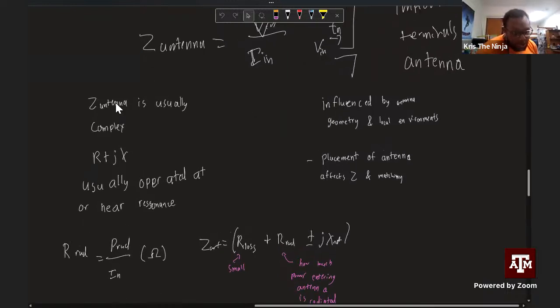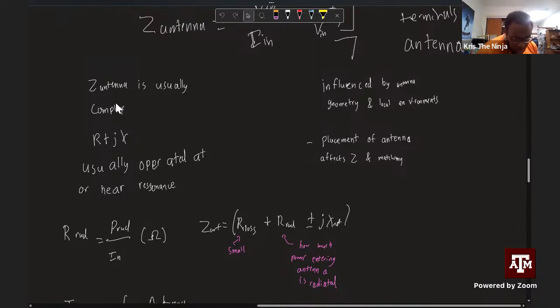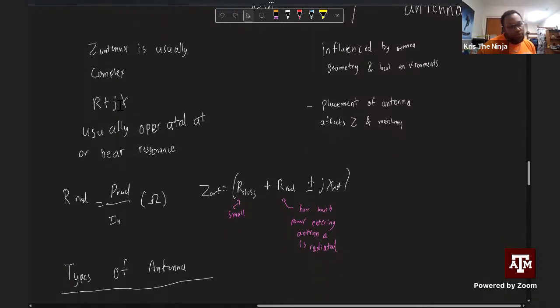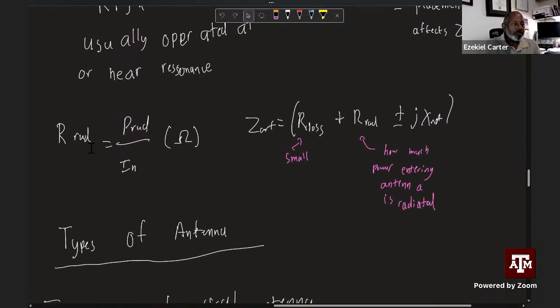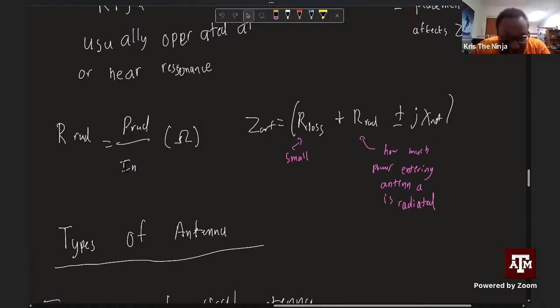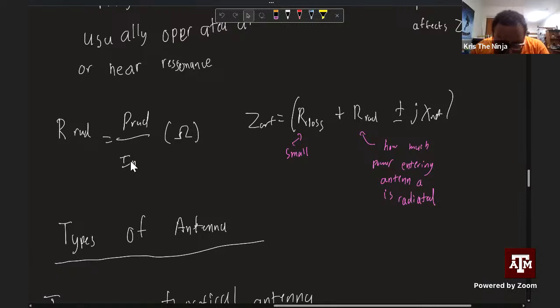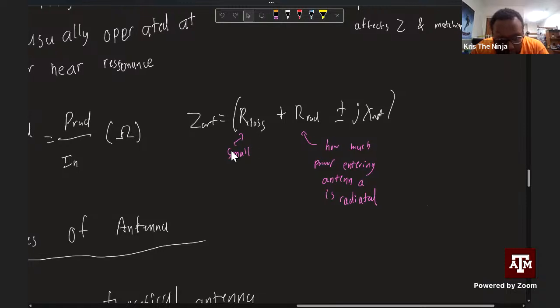So it's usually complex and it's usually operated at or near its resonant frequency. You can find R_rad by doing the power radiated divided by the current squared. And Z naught is R_loss.